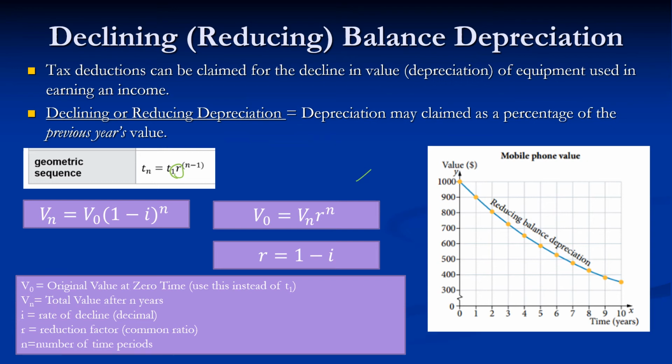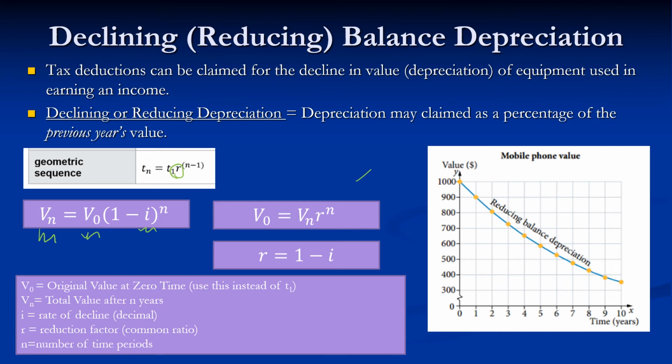So let's have a look here. So we've got our value after n number of years equals the original value multiplied by 1 minus that reduction factor, or that interest rate, sorry. So 1 minus that interest rate will be the reduction factor. So that's R, or the common ratio, and that's going to be to the power of n.